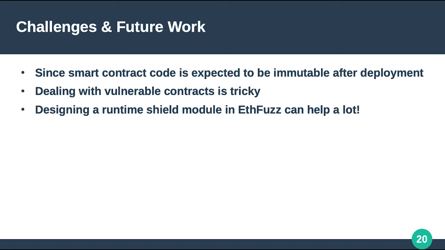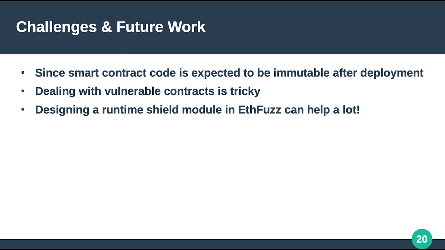Hence, dealing with vulnerable contracts seems to be quite challenging, and there appears to be no way of addressing the errors detected in already deployed contracts on the network, since we cannot change the code and update it. Therefore, the contract owners can only deprecate the vulnerable contract, move all the funds out of the system, use new contracts, and move the funds to the new contracts, which is actually cumbersome.